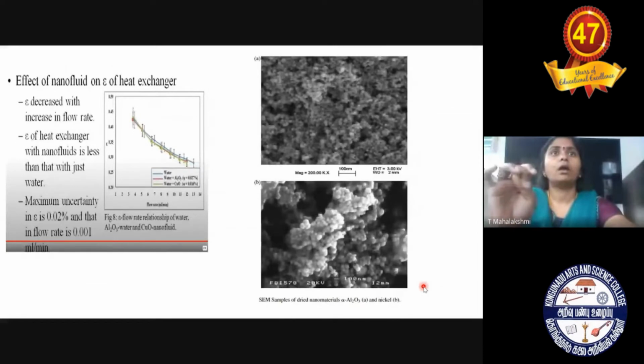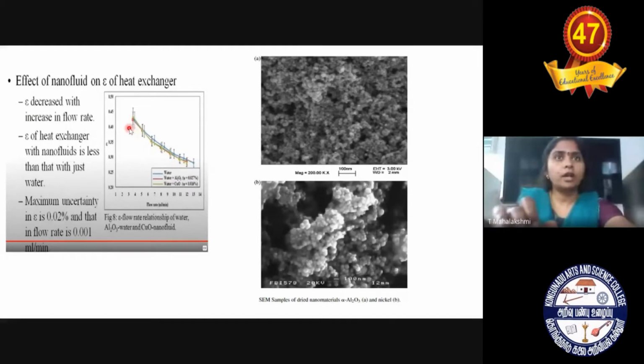Next, we see the effect of the nanofluid on epsilon of the heat exchanger. While we consider the heat exchanger, nanofluids are very important in order to make the electronic device work in a proper manner. In this figure, you can see epsilon decreases with increasing flow rate, right?